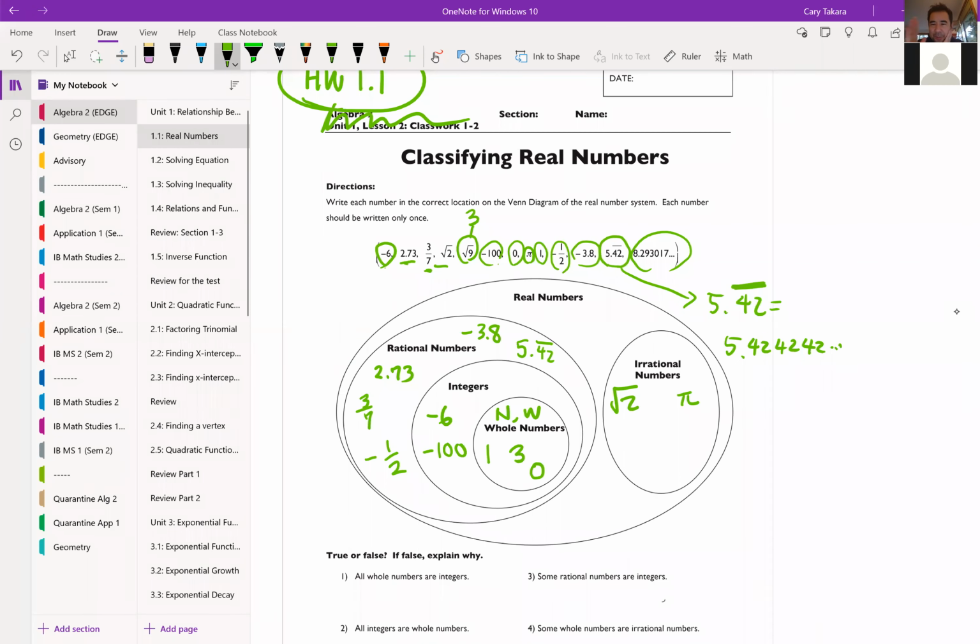It doesn't terminate. So therefore, it is irrational number. 8.293017 dot dot dot dot dot. It means that it goes on and on forever. So it does not terminate. It does not have a repeating pattern. So it has to be irrational. Does that make sense? Yeah?